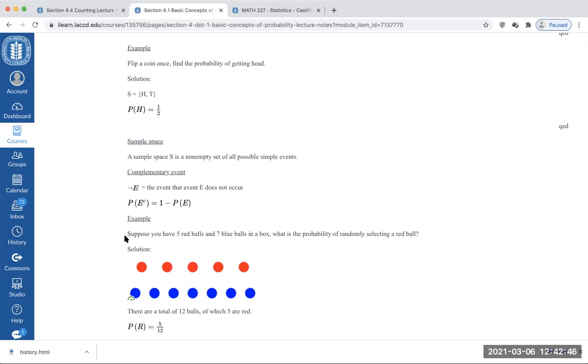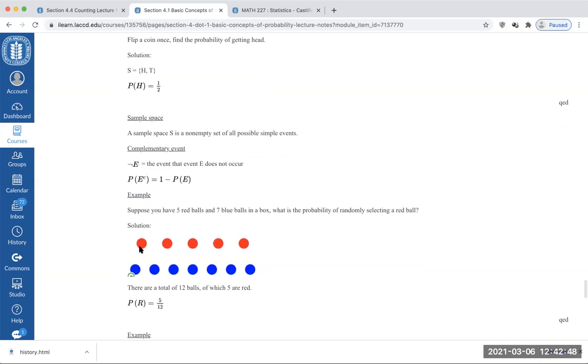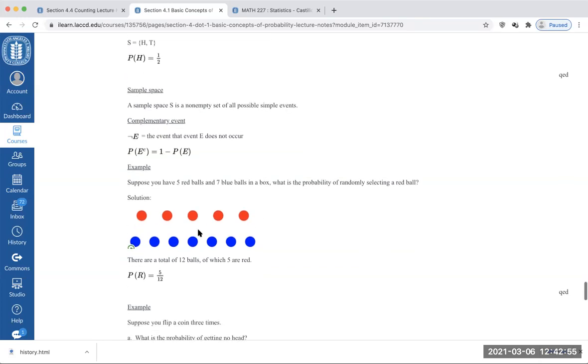So now, suppose you have 5 red balls and 7 blue balls in some box. What is the probability of randomly selecting a red ball?